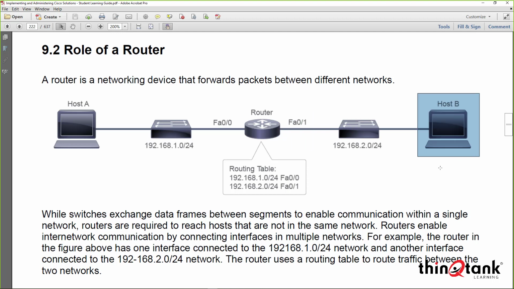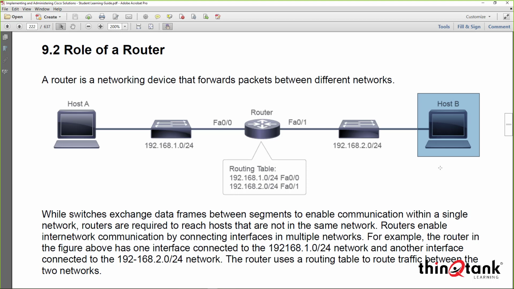So we do a layer 2 rewrite or a layer 2 strip and replace every single time we go through a router. Every time. There's no exception to that rule. Layer 2 frame information never makes it through a router. Ever. Okay, so layer 2 is always stripped off and then always recreated on the other side.